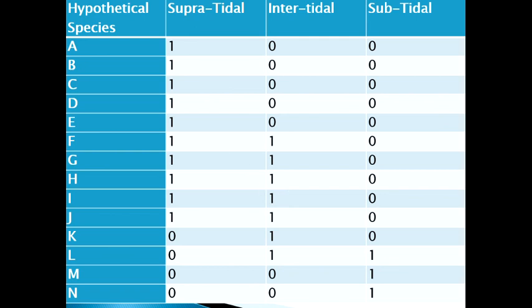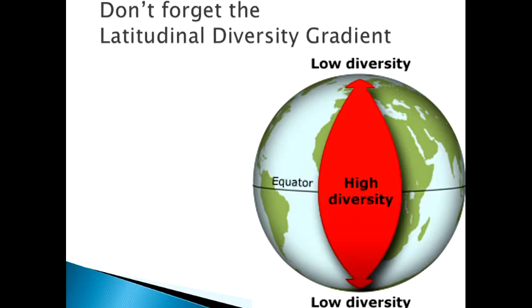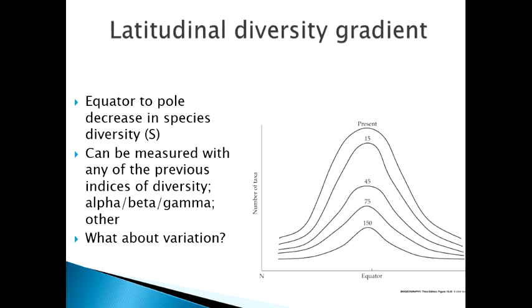But we've completed diversity, diversity indexes, alpha, beta, gamma, and then before we finish our little introduction to diversity, I want you to remember that there is this latitudinal diversity gradient. We went over that in great detail, but just a few things to refresh your memory and then some new things. If it is graphed, hypothetically it would look like this, that there would be a peak in diversity, number of taxa.